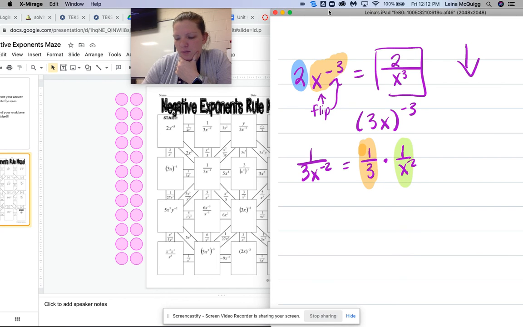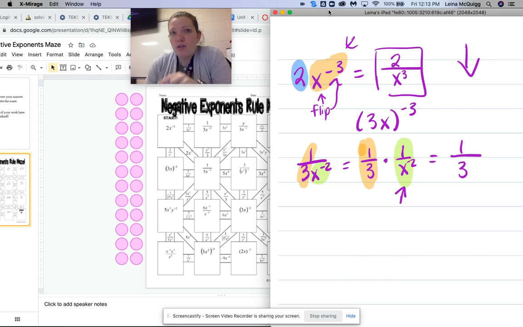The x to the negative 2 is in the denominator. So I'm not doing anything to 1/3, so I'm going to go ahead and leave that. I just need to decide, how does the negative exponent affect my x? Well, if here it told me to flip it, go to the denominator, and here we're in the denominator, my rule is still to flip it.